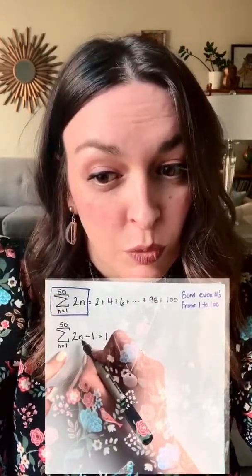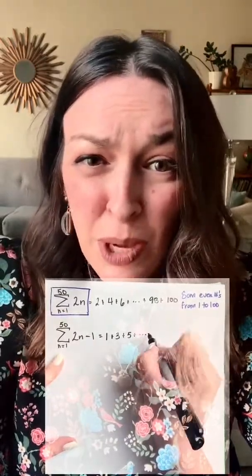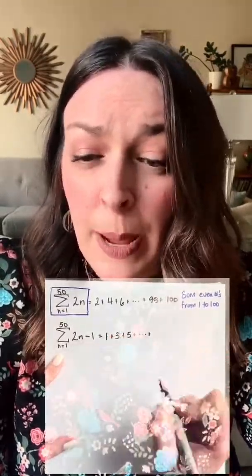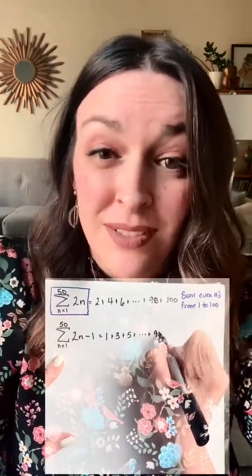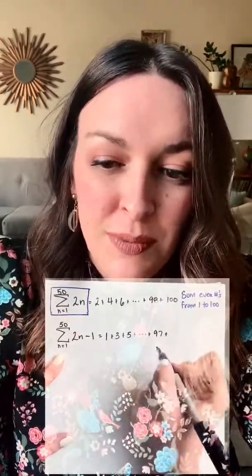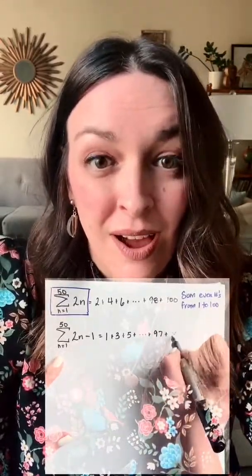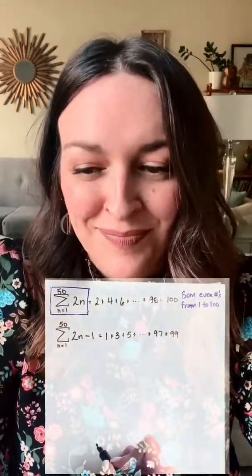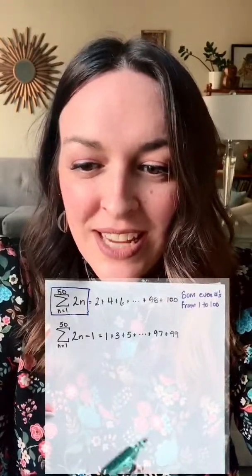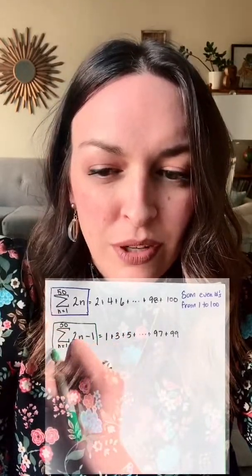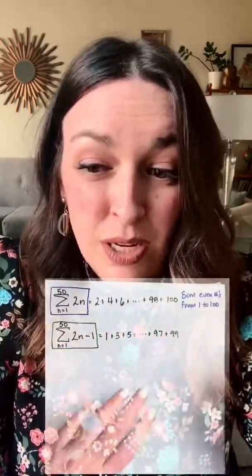And 2 times 3, 6, minus 1 is 5. You just keep going until you get to 50. So 2 times 49 is 98, minus 1 is 99. And 2 times 50 minus 1 is 99. So that's just telling us to add all the odd numbers from 1 to 100.